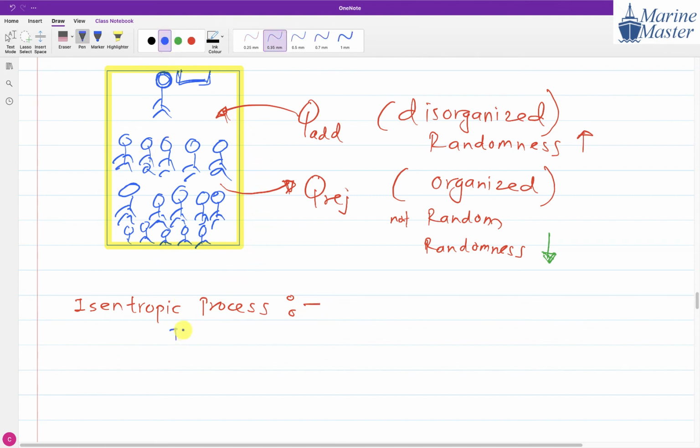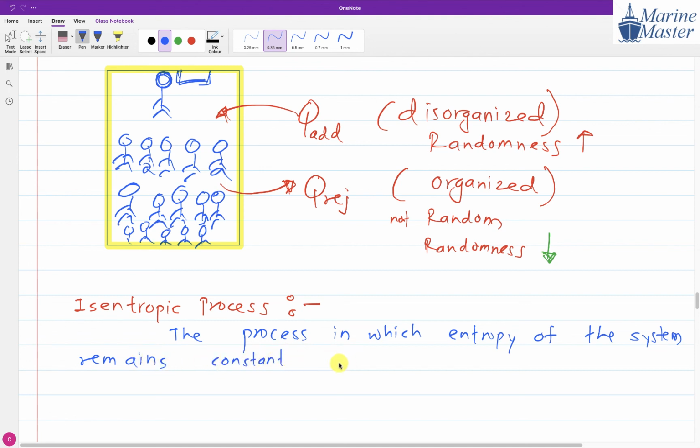The process in which entropy of the system remains constant is called an isentropic process.